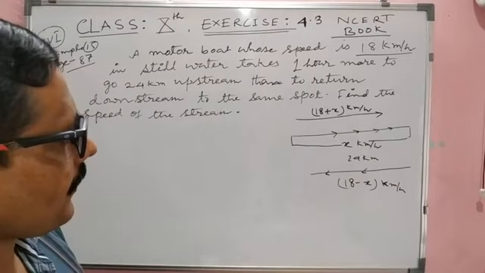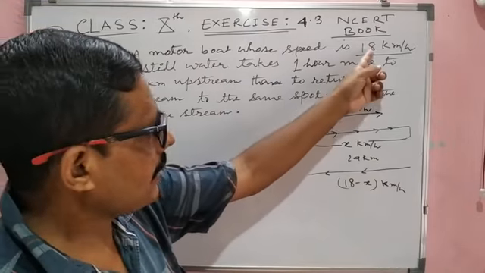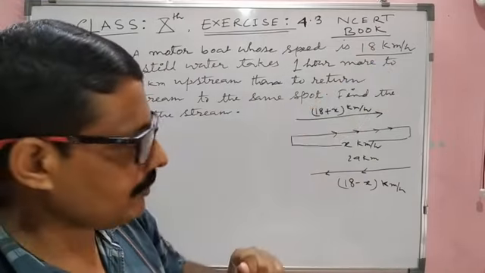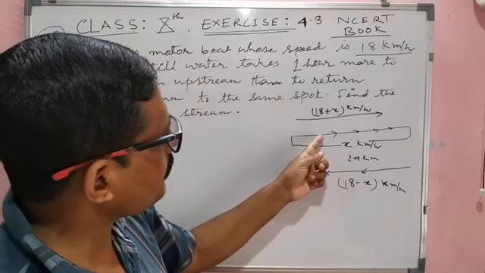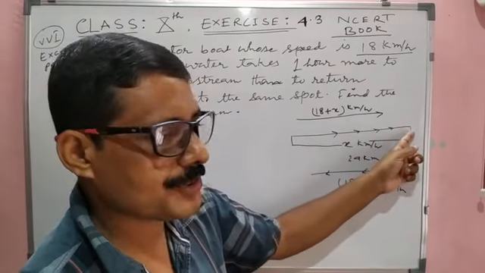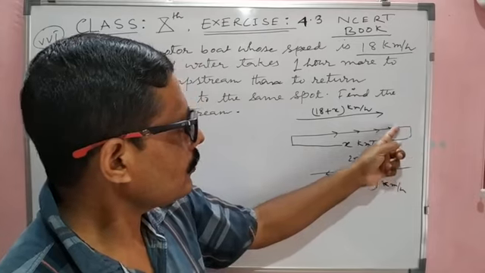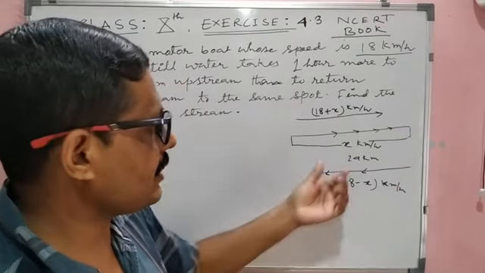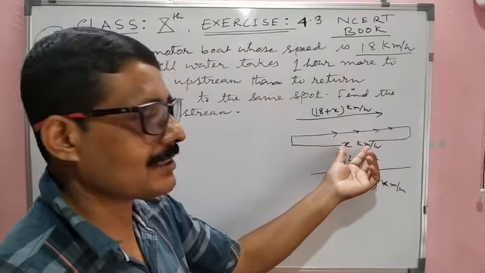Because you see, the 18 is the speed of boat in still water. So when it moves along the same direction of the stream, its speed will increase. Increase by how much? By x kilometer per hour.